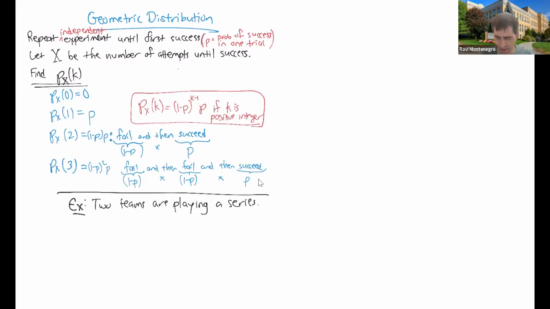And my favorite team historically wins 40% of games, so they're at a disadvantage. Historically, just to emphasize, it does not apply to this series, has won 40% of games.